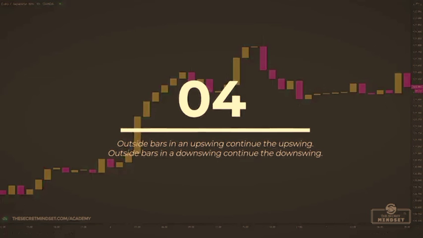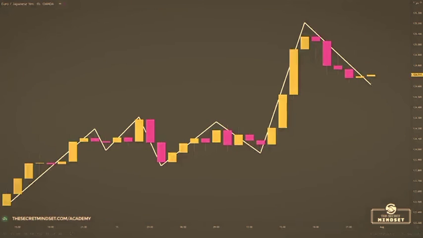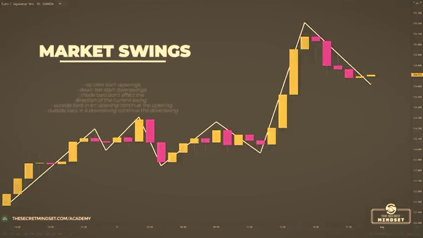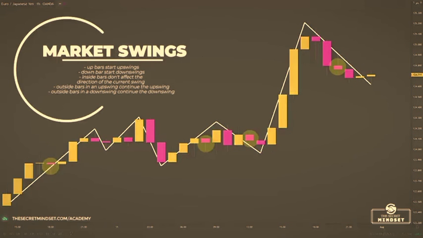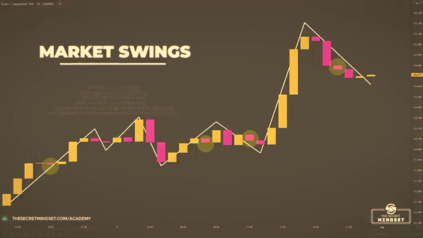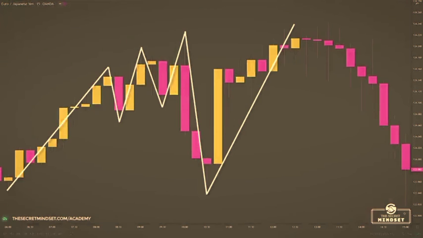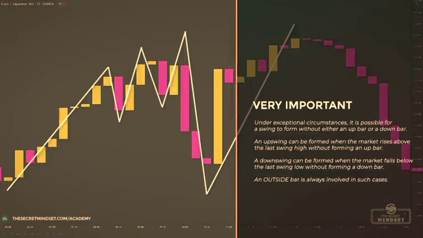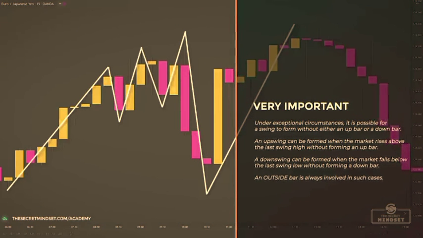Because the high and the low are equal to that of the previous bar, it is still an outside bar. Then an up bar, an outside bar, followed by two inside bars, 2 down bars, 4 up bars, inside bar, down bar, an inside bar, down bar, an inside bar, and finally, an outside bar.